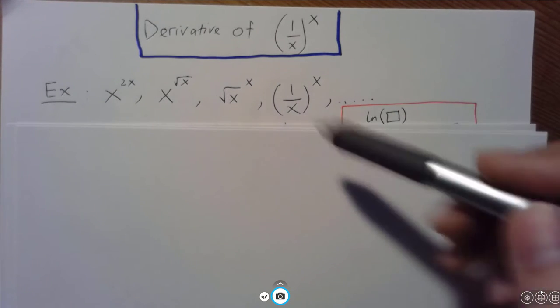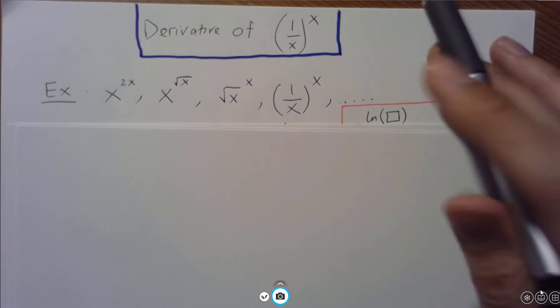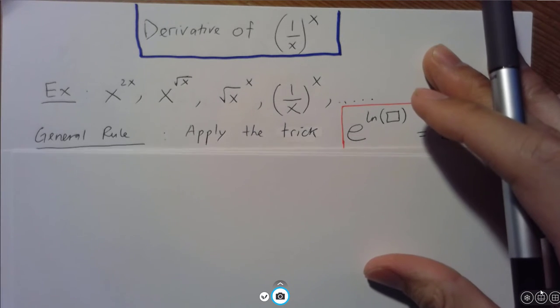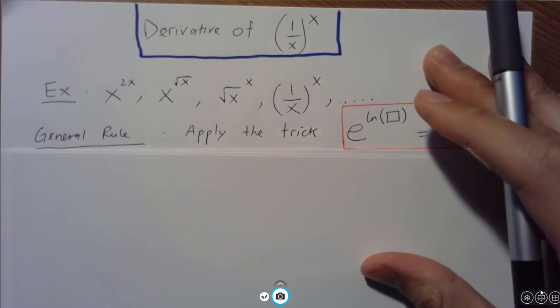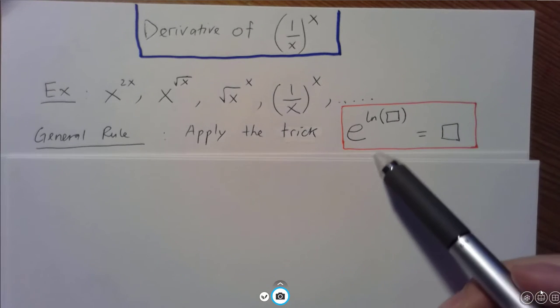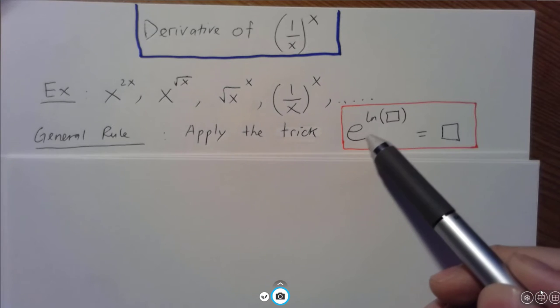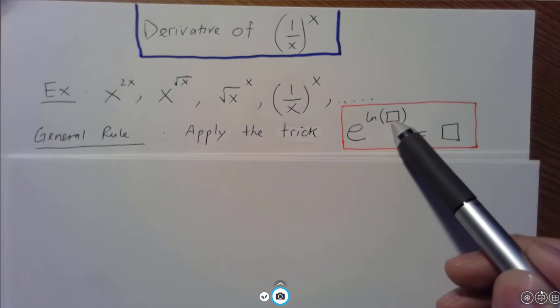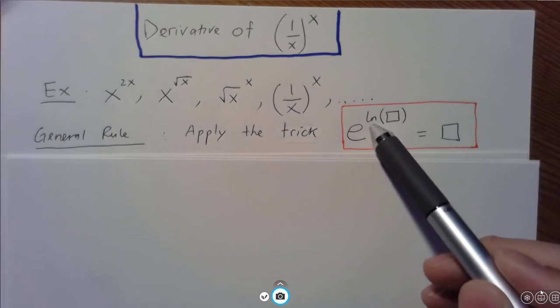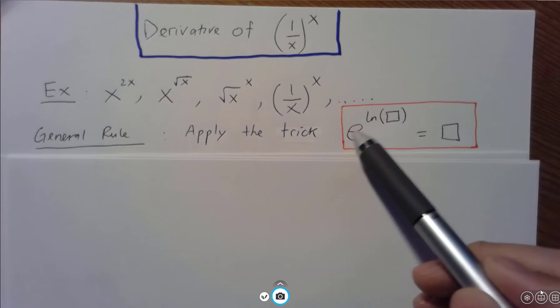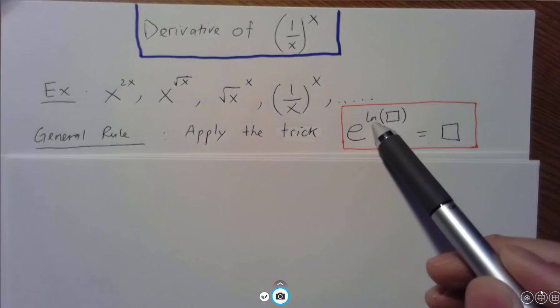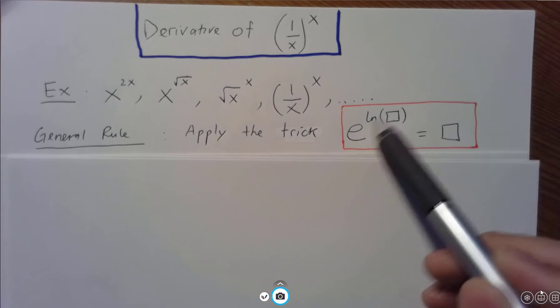For this type of problem, we apply a trick, knowing that for e to the ln of something, you get something back, because the ln has base e, and the e here and the ln cancel each other.